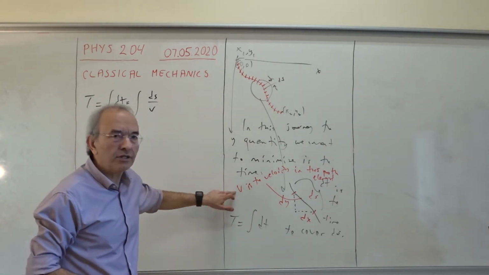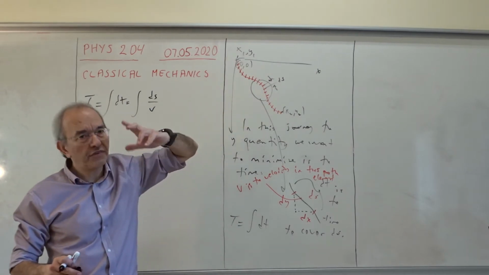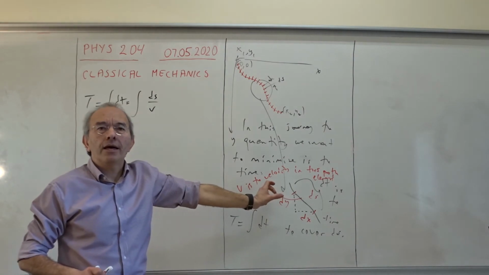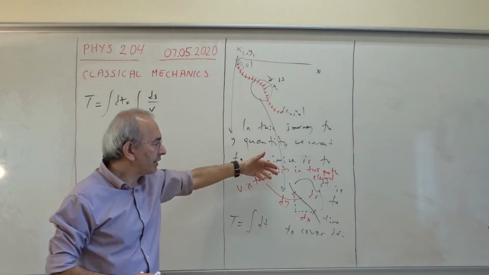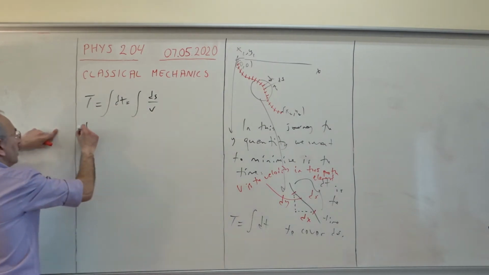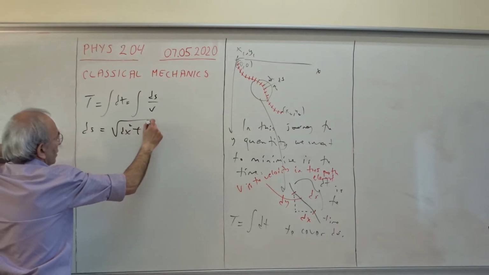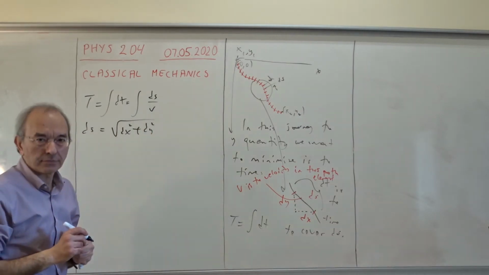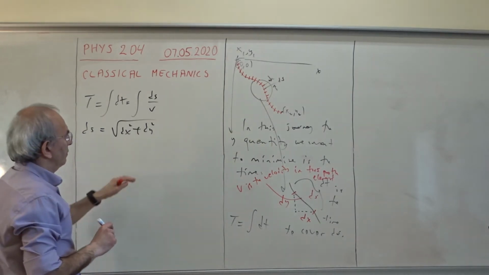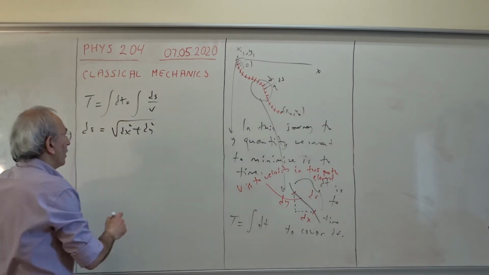That little v velocity is changing throughout the motion, so it is a variable. ds is that little segment, and that segment can be written using the Pythagorean theorem. It can be written as ds equals root of dx squared plus dy squared. So we have this right hand side for the numerator. What about the denominator?